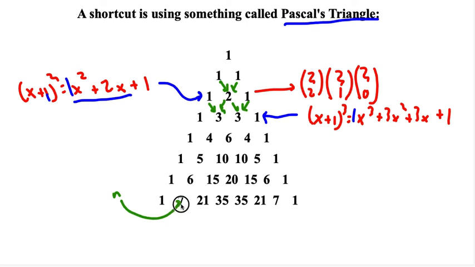So n, the power that you're doing, would be these different things. If you were looking at, say, x plus 1 to the 6th, you'd be looking at this row right here. And we know that we'd have 1 x to the 6th, and you get the idea. How we can come up with what these actually are is because when you add 2 adjacent entries, 2 entries next to each other, that gives you the entry just below and between them. Okay? So we're going to put this into play in the next video when we actually start expanding.